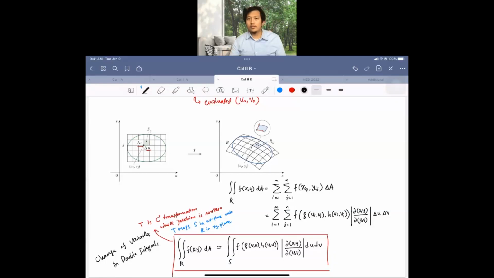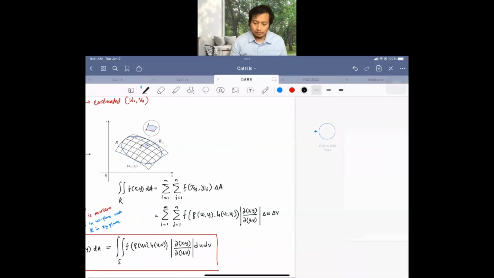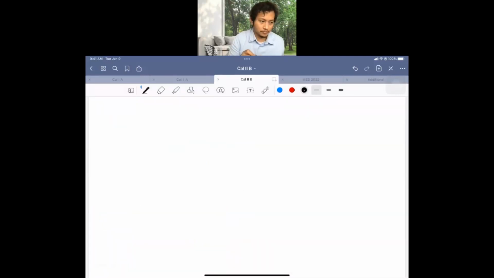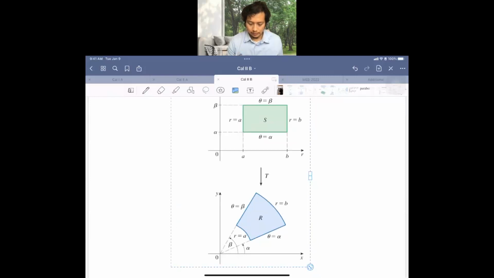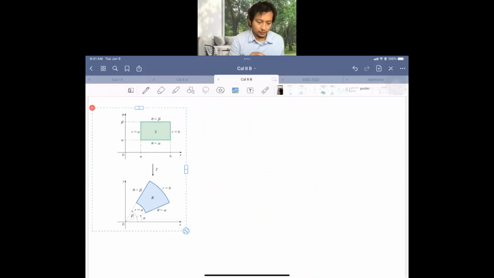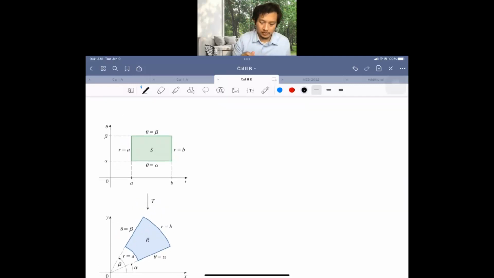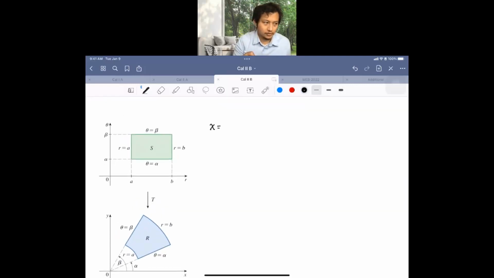Okay, let me give you an overview on how we are going to apply this Jacobian. The first example is the polar coordinate that we already have discussed. If we convert, x is basically a function of r and theta, this becomes r cosine theta, right?